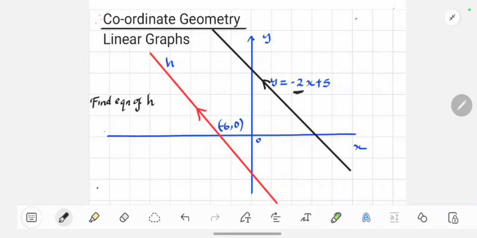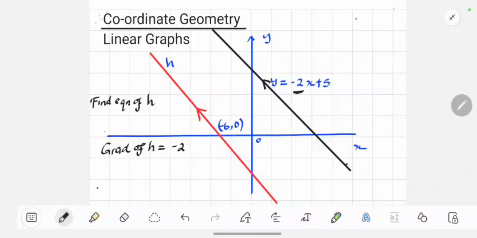So in this case, we are just saying the gradient as well of line H, if it is parallel to line y equal to minus 2x plus 5, is equal to minus 2. So the gradient of H is equal to minus 2, because this line H is parallel to this line.